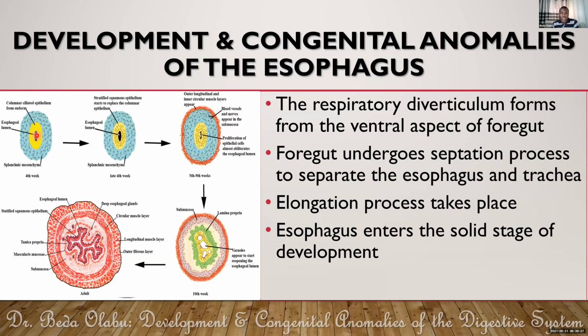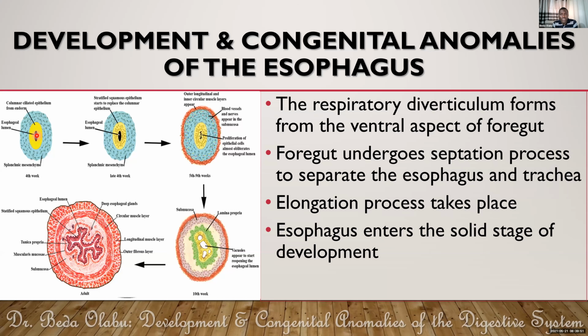This concept of solid stage is not limited to the esophagus, actually. It's a concept that is universal for anything that has endoderm inside and mesoderm outside. And so even in the respiratory tree, it was there.